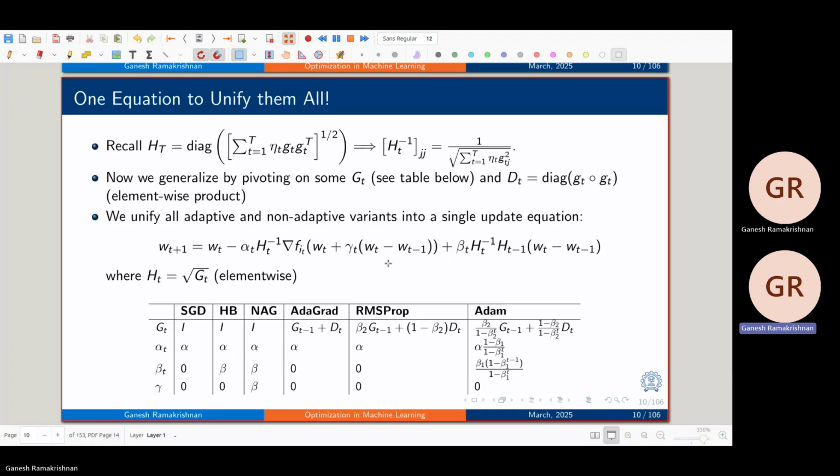Most frequently occurring features led to low updates, less frequent ones to more updates, and so on. But the problem was also that you're accumulating too much, and the denominator becomes heavy. This is the first which accumulated: GT minus 1 plus DT, very obvious. That's the update we saw.